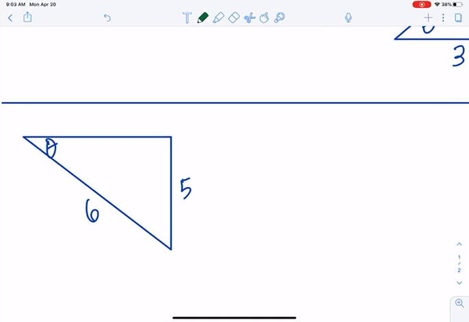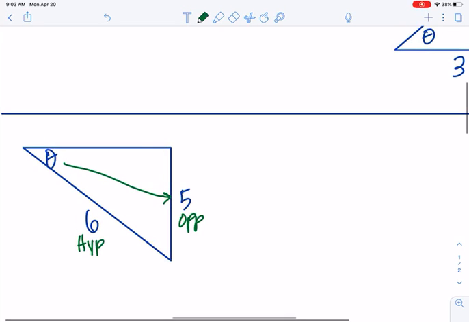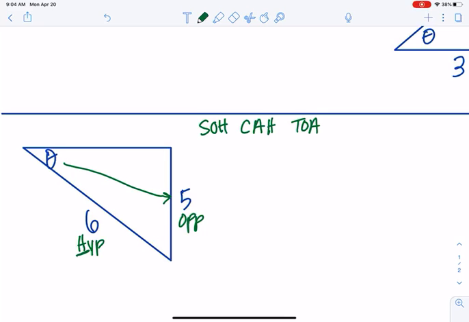Last one. All right, so 6, this is the hypotenuse, this is the longest side. So 5 must be the opposite because it's all the way across from theta. SOHCAHTOA, where do I see H and O next to each other? Well, right here at the beginning, OH.